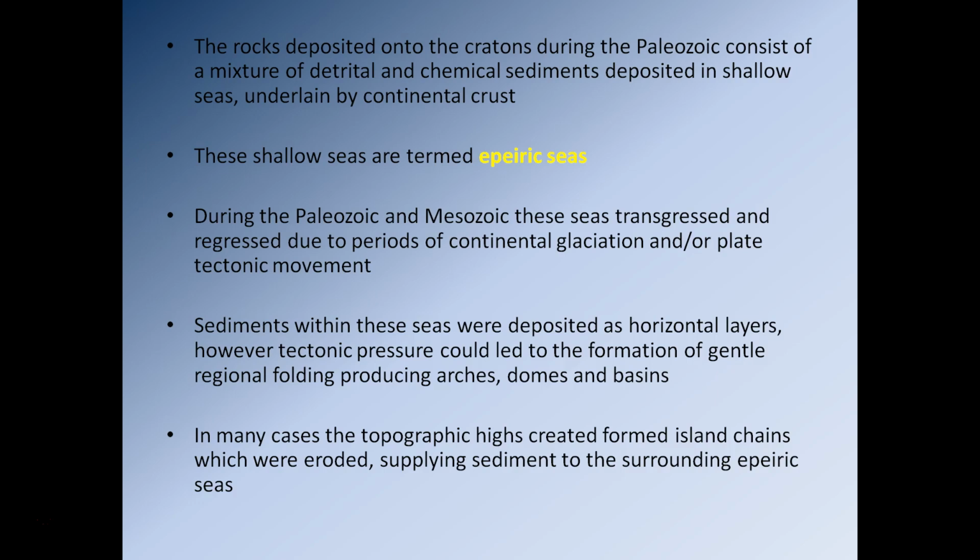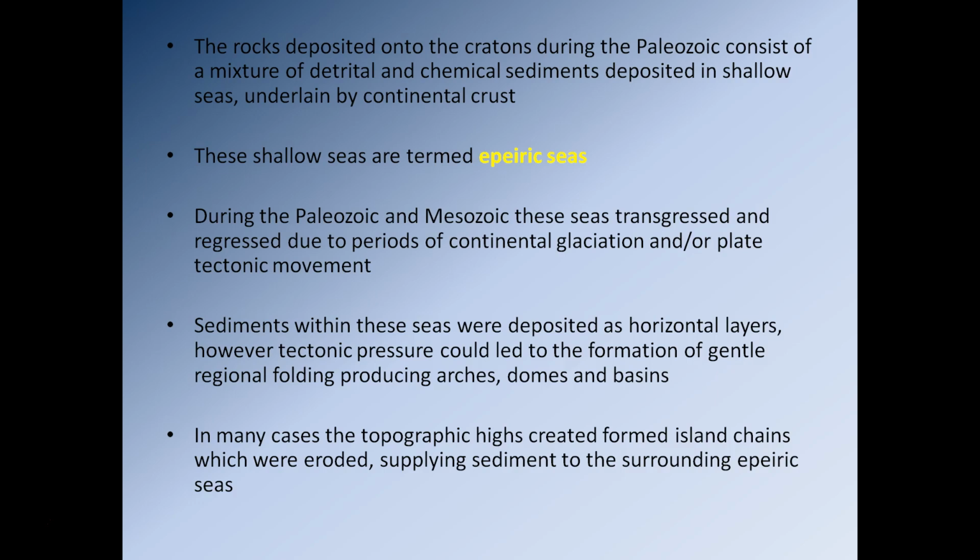What we're going to see as we move through the Paleozoic is that on 4 occasions a significant portion of North America is going to find itself underwater. The sea level is going to rise and the continental crust is going to be inundated. This process of inundating the continental crust is going to produce lots of shallow seas, and these shallow seas are called Epeiric seas.